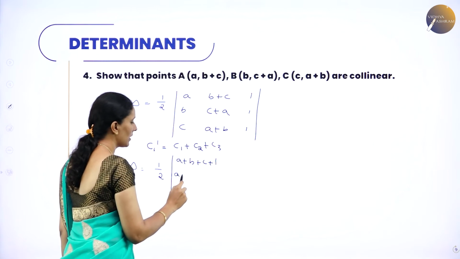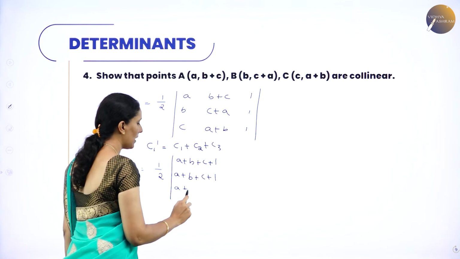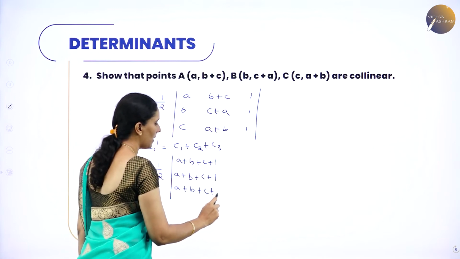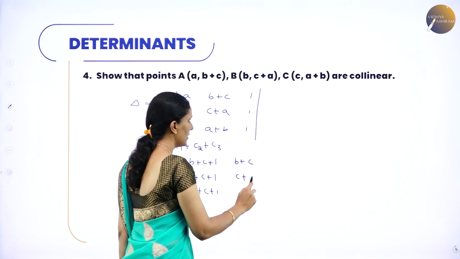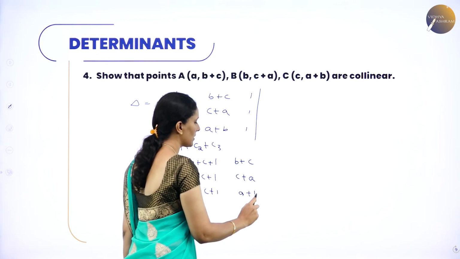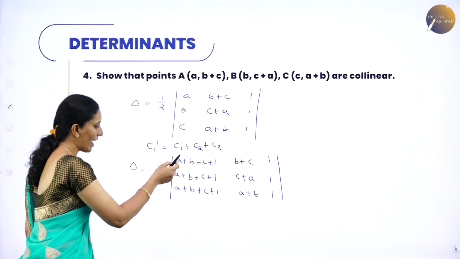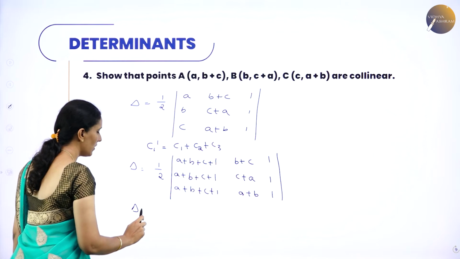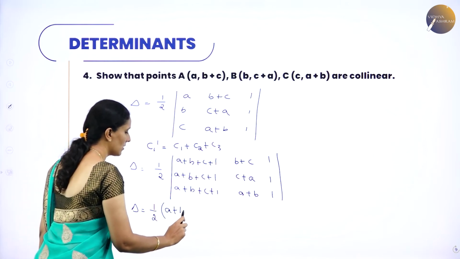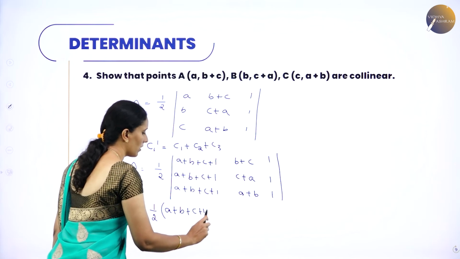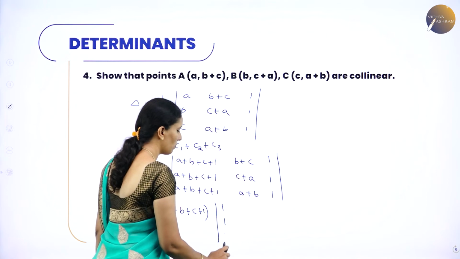Similarly, this becomes a+b+c+1, a+b+c+1. And the remaining elements you can write as they are. Now, we have a common factor in the first column. So, I can take it outside. So, that becomes (a+b+c+1). If you take the common factor outside, you are left with 1, b+c, 1; 1, c+a, 1; 1, a+b, 1.